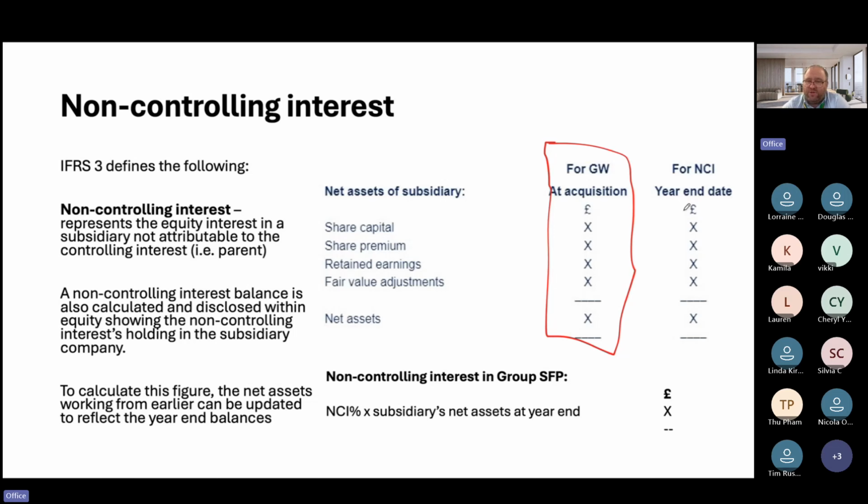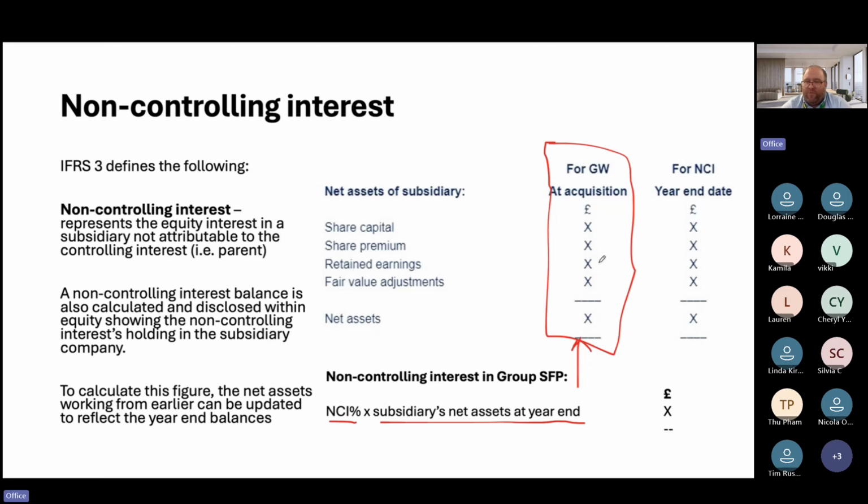So it's all the same numbers: the share capital, share premium, retained earnings, fair value adjustments, net assets. And then the non-controlling interest that you're going to put into your group statement of financial position is your non-controlling interest percentage multiplied by the subsidiary's net assets at year end. Now the big thing that people do wrong here is they take the non-controlling interest percentage of that number, which is not the same as this number over here.